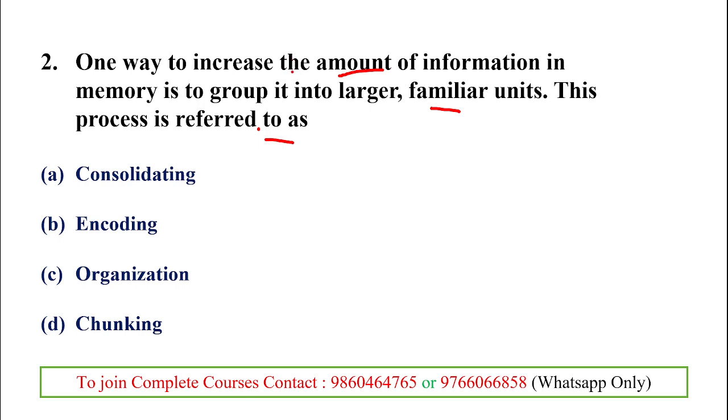To make a large amount of information in computer memory into a simpler form, by grouping it into larger familiar units, the process is called chunking. This process is referred to as chunking.